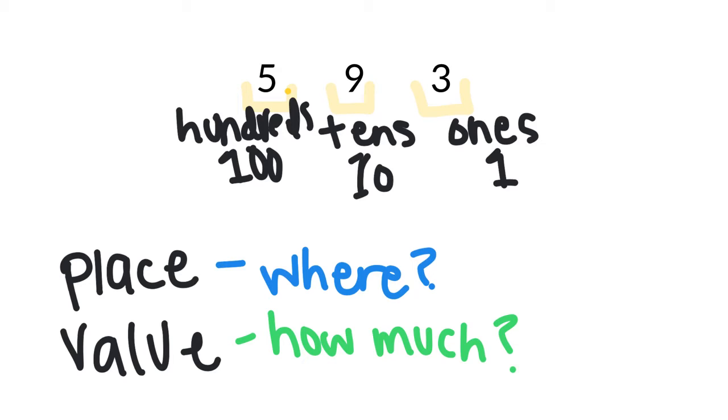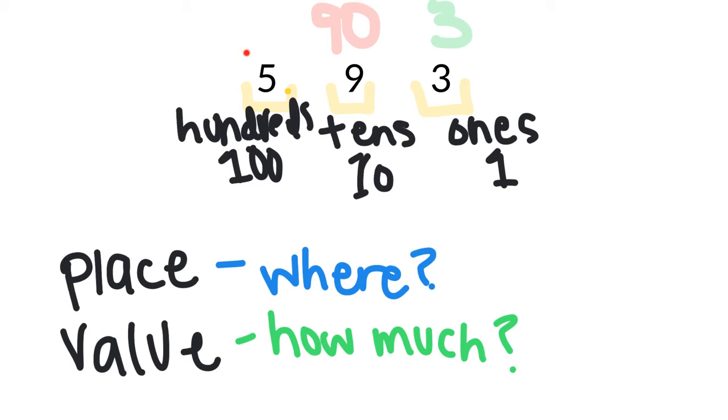So the value of the 3 in the ones place is 3 ones. Let's look at the 9. This 9 is in the tens place. So the value of this 9 is 9 tens. I know that if I have 9 tens, I have 90.